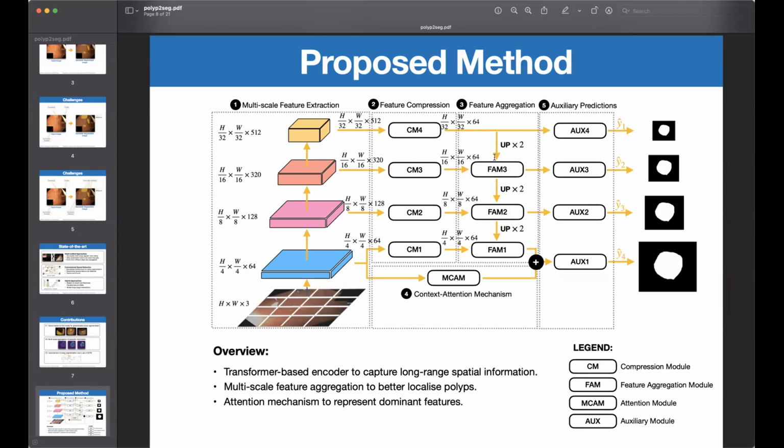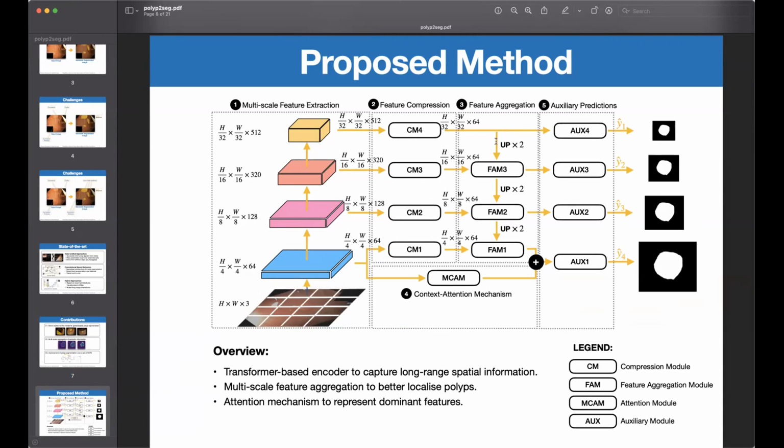Our proposed method has five major components. We have first a multi-scale feature extraction mechanism, which is based on a transformer encoder in order to capture this long-range spatial information. We have a second module to reduce the number of features and thus to reduce the complexity of our model.